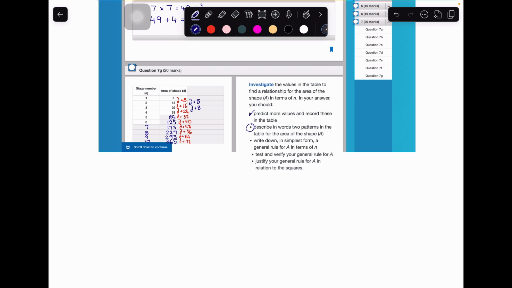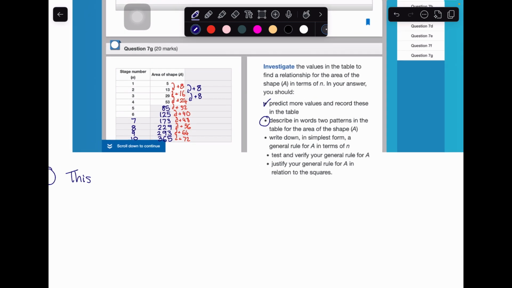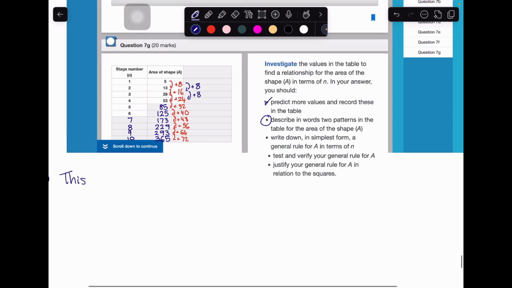Well, the first thing is this is a quadratic sequence. Let me zoom in a bit. A quadratic sequence. So that's one thing.